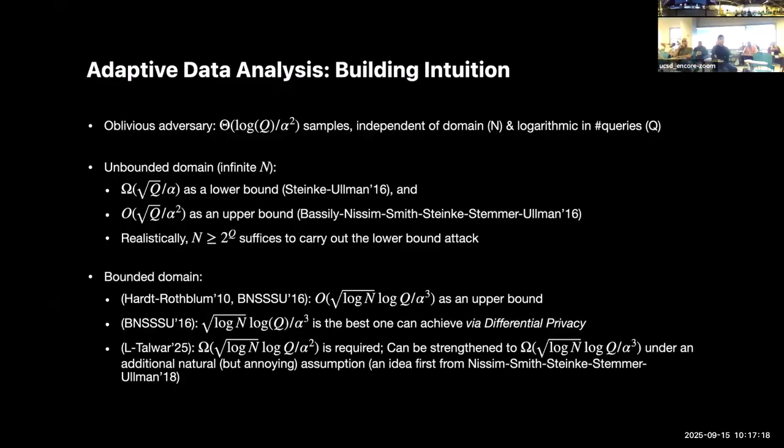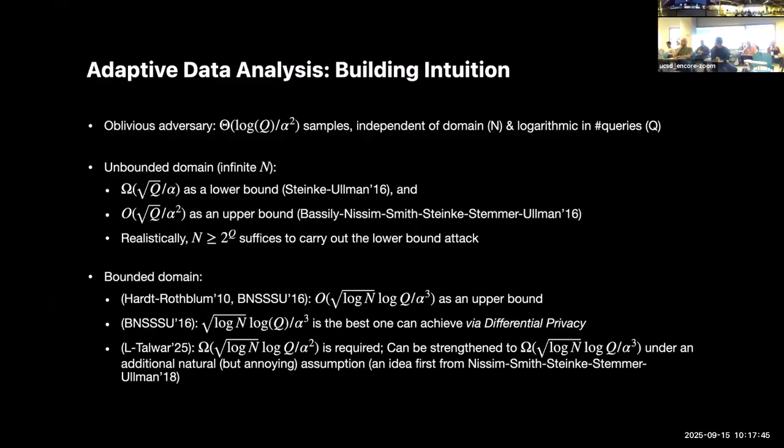In this recent work, which I'm going to talk a little bit about next, we showed that a lower bound of square root log N times log Q over alpha squared is an unconditional lower bound, no matter how clever your algorithm is designed. And quantitatively, this can also be strengthened into a near tight lower bound of basically 1 over alpha under an additional natural assumption.